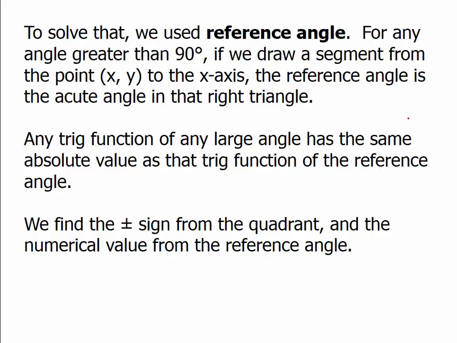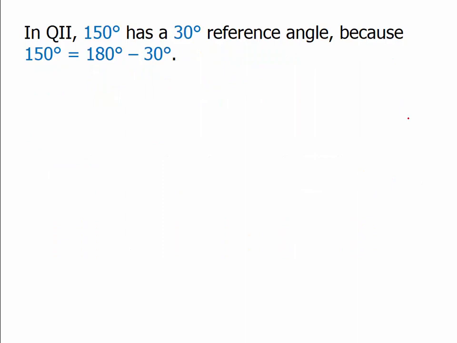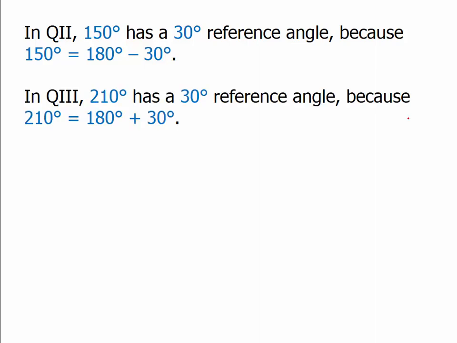So let's stick with 30 degrees, and let's think about what would have a reference angle of 30 degrees. We've already done it in the second quadrant. What about in the third quadrant? In the second quadrant, it's a 150 degree angle. That has the reference of 30. In the third quadrant, we'd have to go all the way to 180 degrees, and then we'd have to go 30 beyond that. So we'd be at 210 degrees.